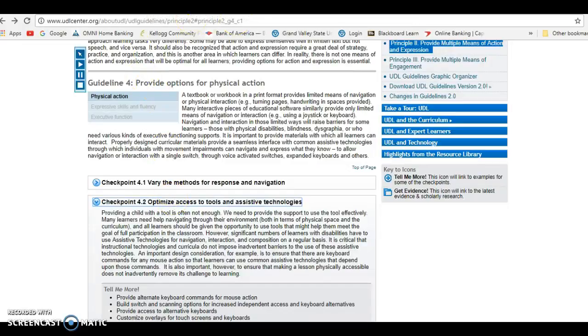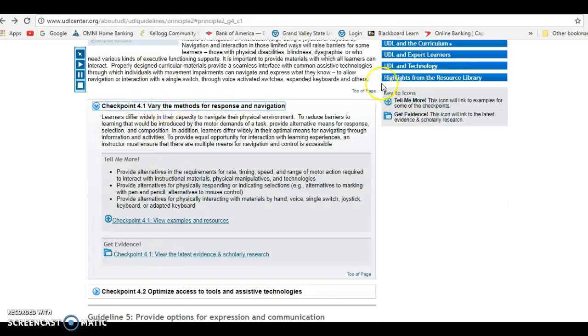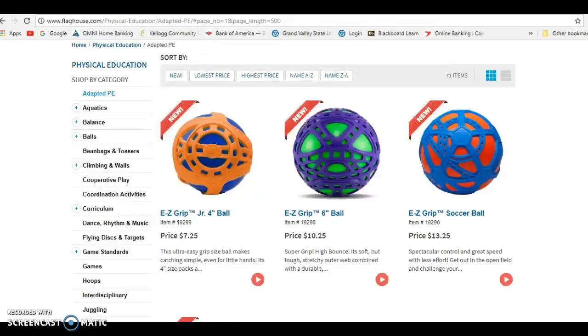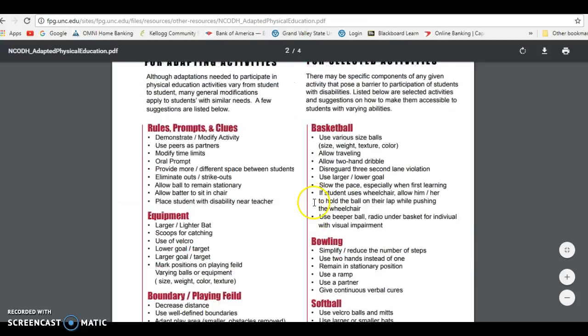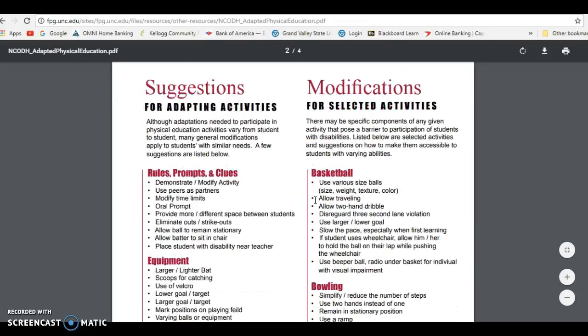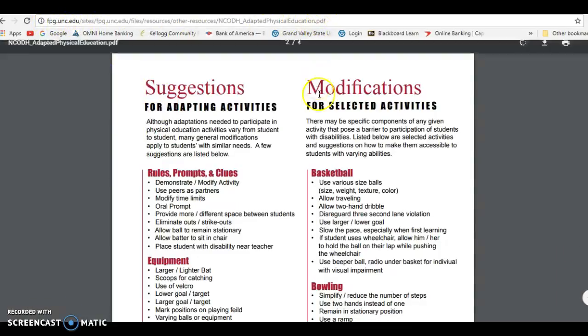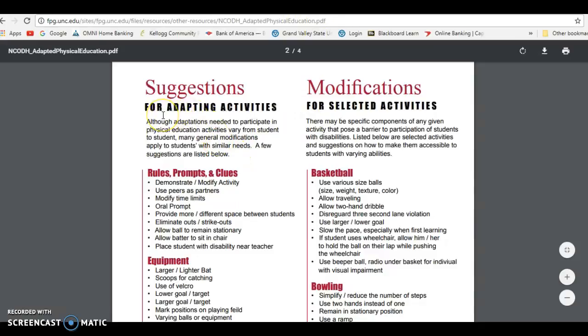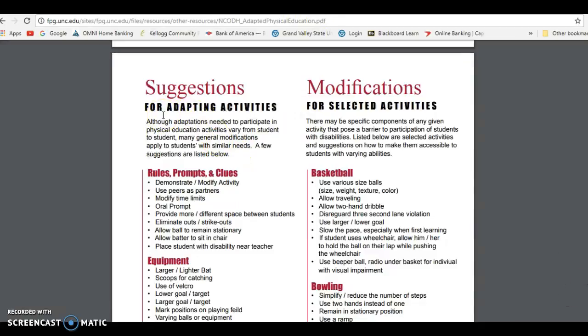So for principle one, varying methods and responses, we have a few modification suggestions here. Here goes the link up here, right there. For adapting activities, you would use peers as partners.